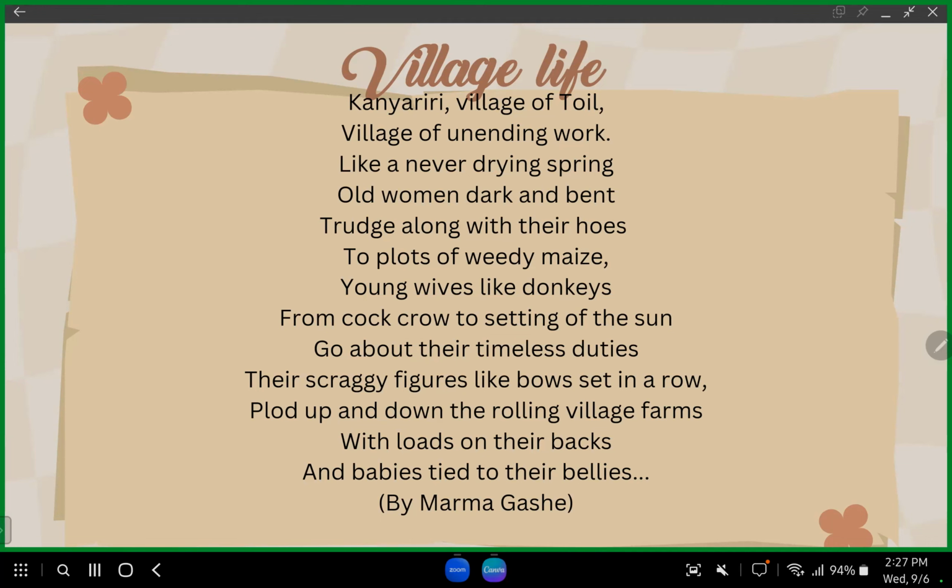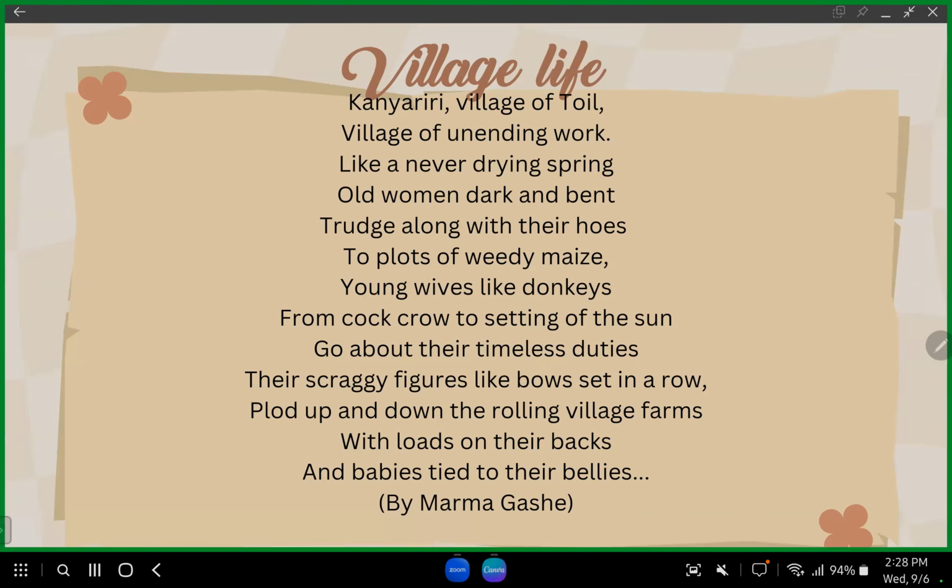So, is there anyone who would like to give us a clue on what they might be talking about in this poem? Please feel free. There is no one.